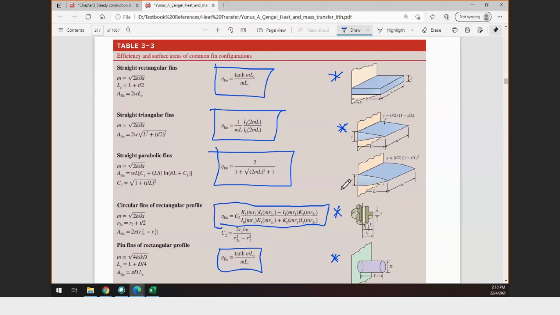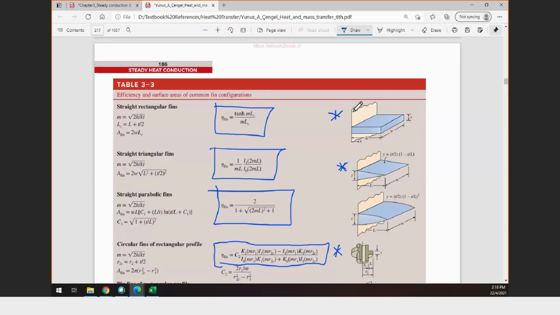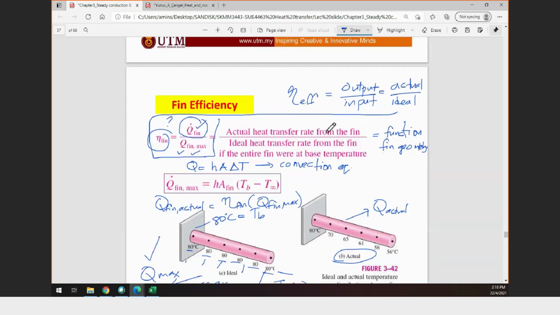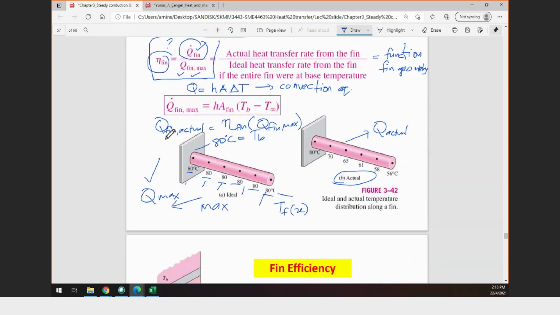It's not common that you use this kind of straight parabolic fin, even though there is a possibility that the fin will be shaped like this. Okay, so this is where you can get the fin efficiency. So back to the calculation. You can get the actual fin heat transfer if you know the fin efficiency and the maximum fin heat transfer from this equation.